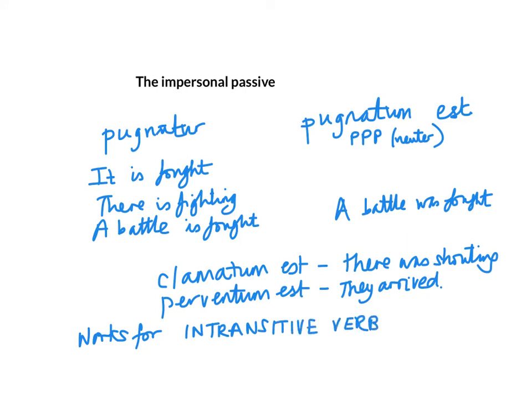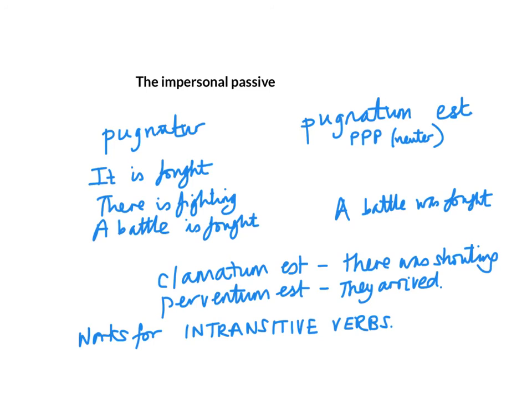Most verbs do have a direct object or can have a direct object. So if I use the word read, I could use it without a direct object. What are you doing? I'm reading. But I could use it with a direct object. I'm reading a book.